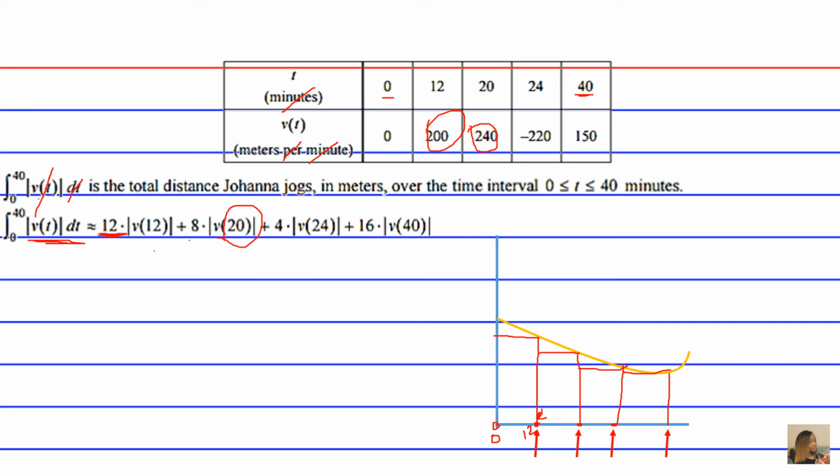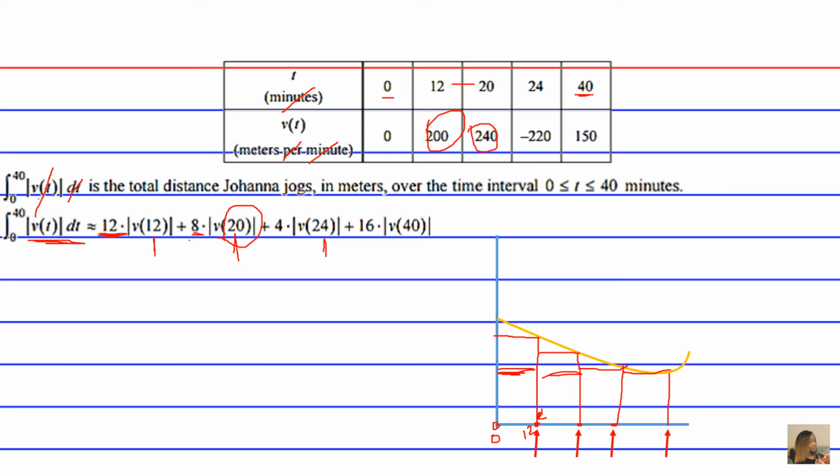The reason we're using v of 12 and v of 20 is because we're considering the right-hand value of our rectangles. If we were considering the left-hand value, this would be v of 0, this would be v of 12, v of 20, and so forth. That's not what we're doing.